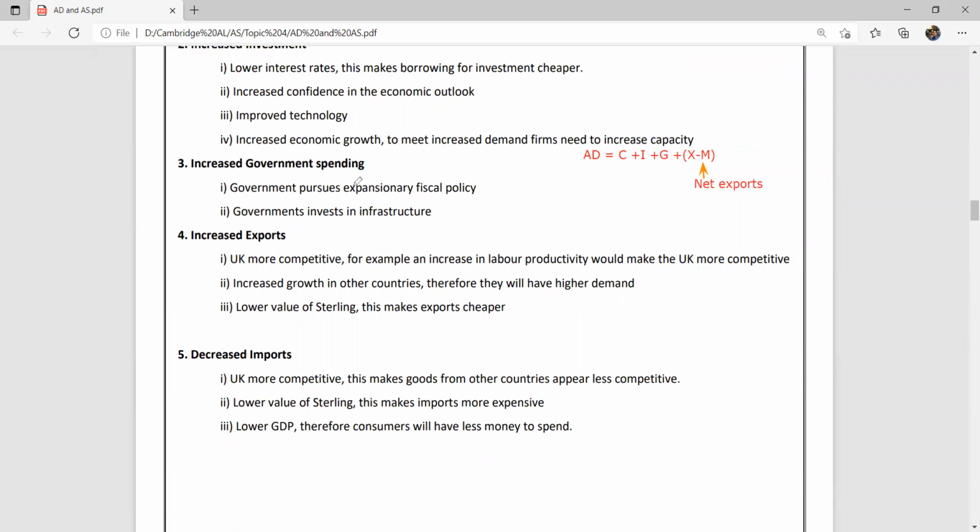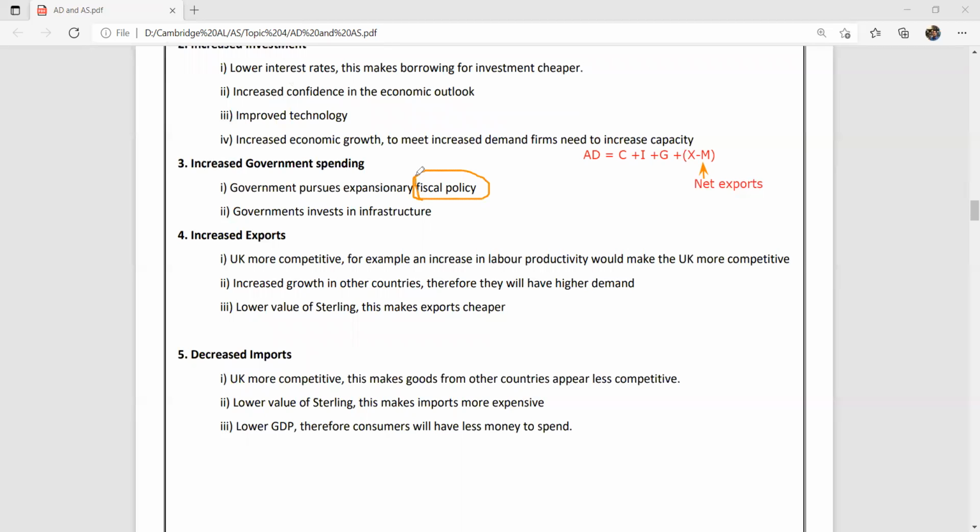Next one, increased government spending. Government spends money on a variety of things. Actually, fiscal policy, you will learn this term later.